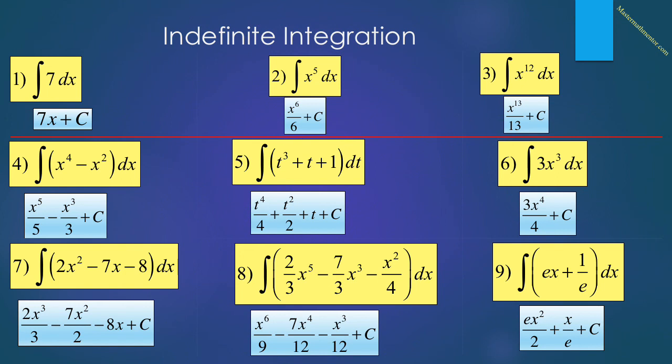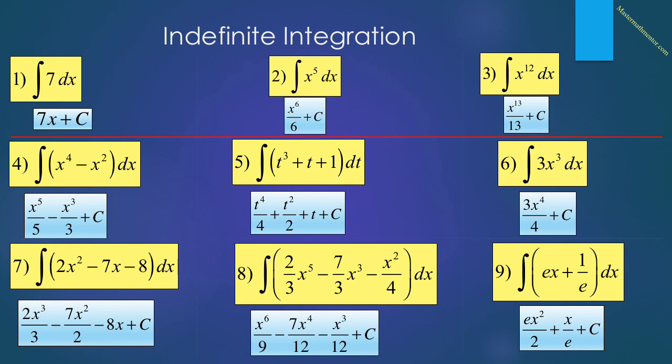Number 8, the integral of 2/3 x to the fifth minus 7/3 x cubed minus x squared over 4 dx. So we get 2/3 x to the sixth over 6, which turns out to be x to the sixth over 9, minus 7/3 x to the fourth over 4, which is 7x to the fourth over 12, minus x cubed over 3 times 4, which is x cubed over 12 plus c.